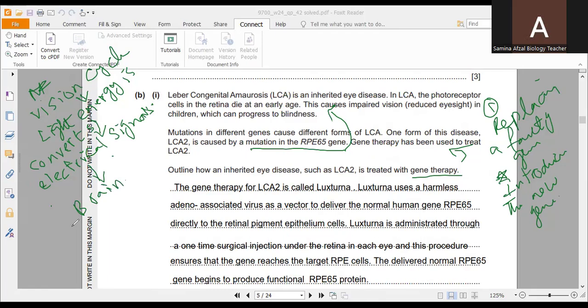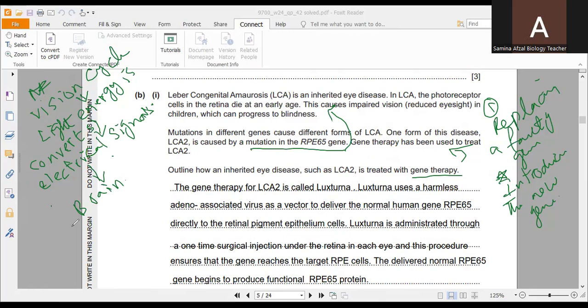So when the RPE65 gene is mutated, the RPE65 protein either does not function correctly or is not produced at all, disrupting the visual cycle and leading to severe vision impairment from early childhood.